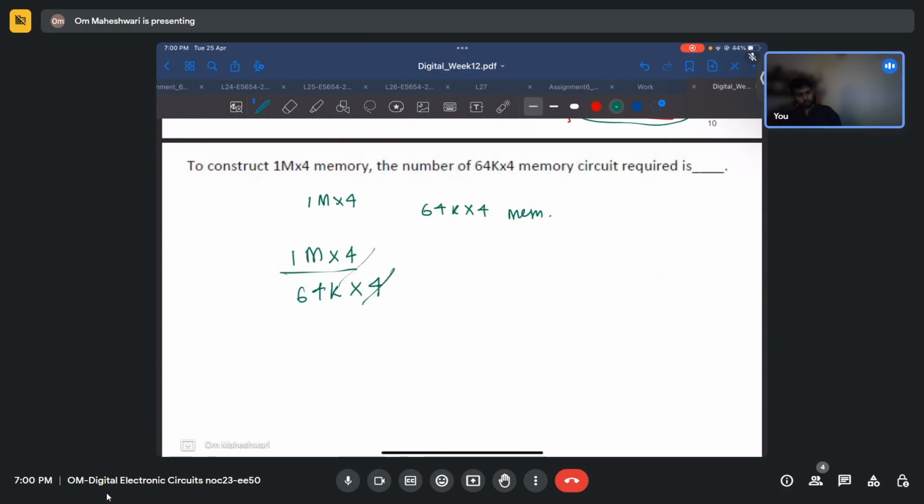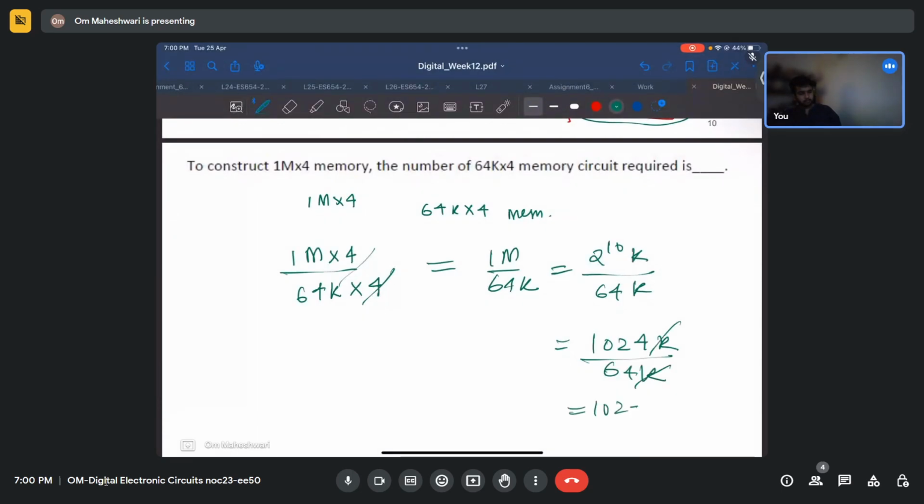The 4 you cancel out first. So 1M upon 64K. 1M is actually 1024K, so it gives 1024K upon 64K. K cancels, it will be 1024 upon 64, which is 16. 16 is the required answer.